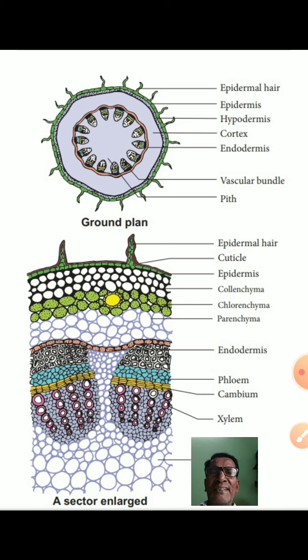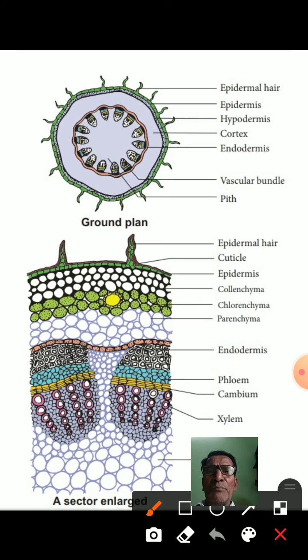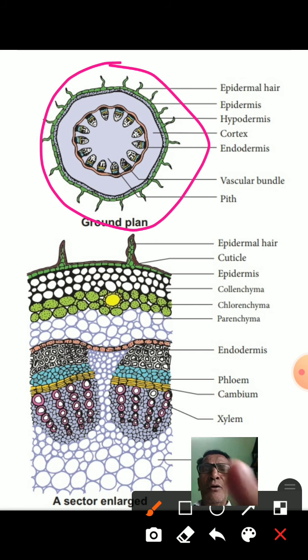Now, to study this internal tissue organization, we can visualize a sector of the stem. Suppose this is the complete section. Of this complete section, we can visualize only a part of it, from the epidermis up to the center, the core part of the stem.